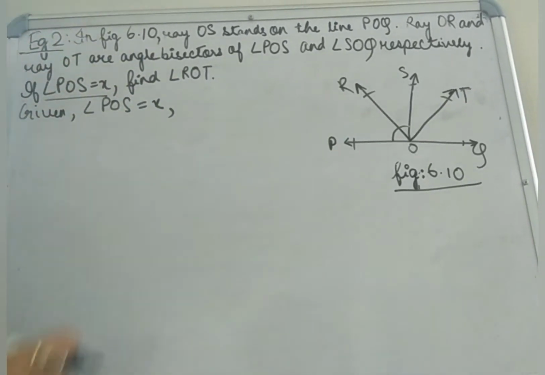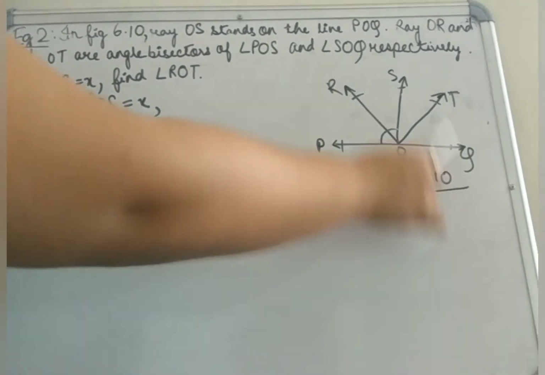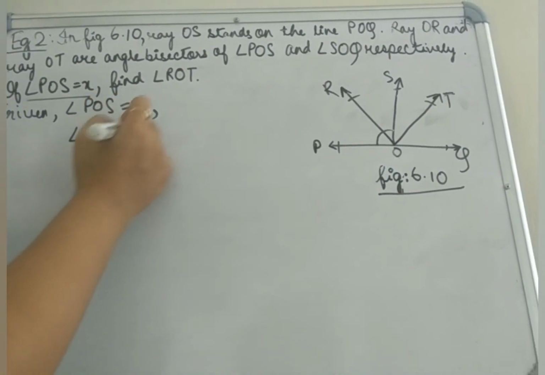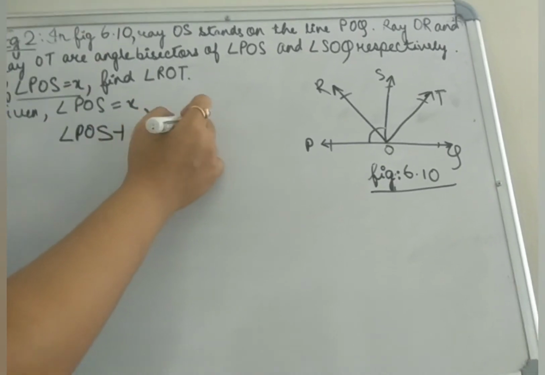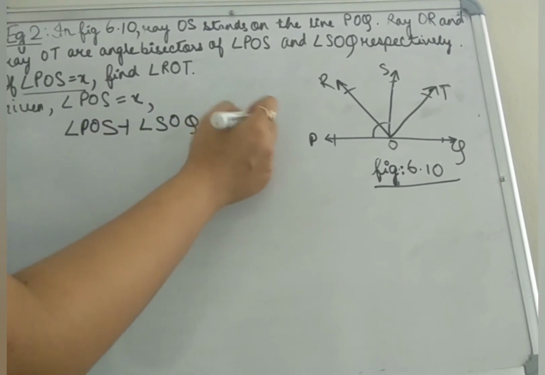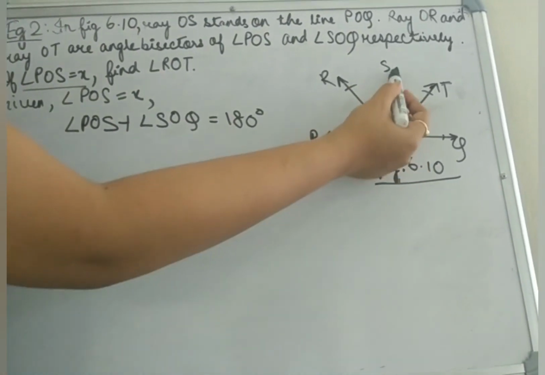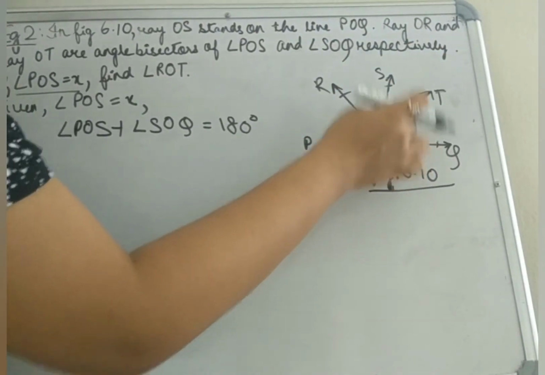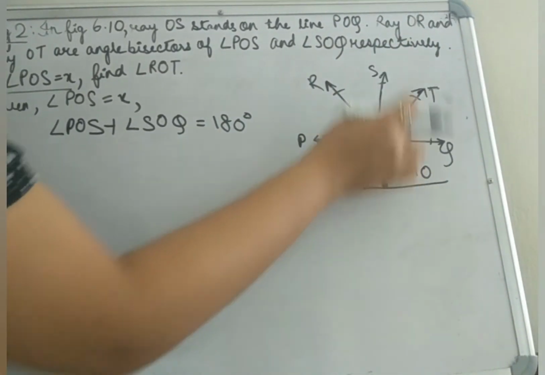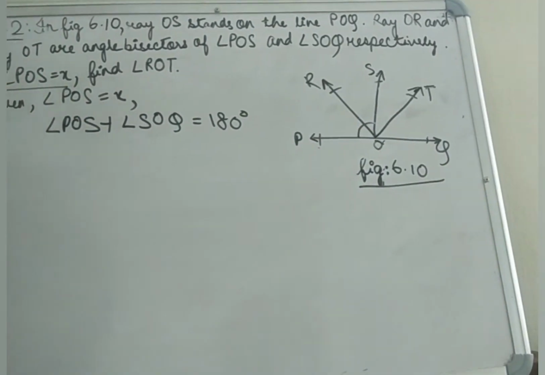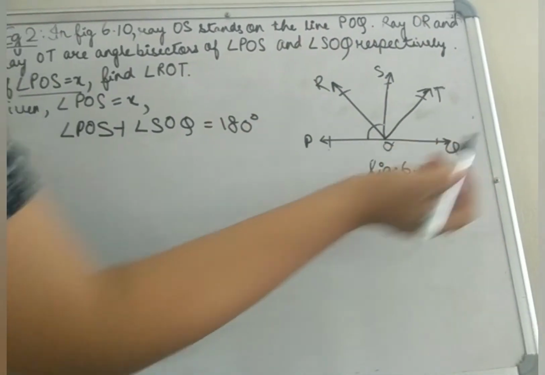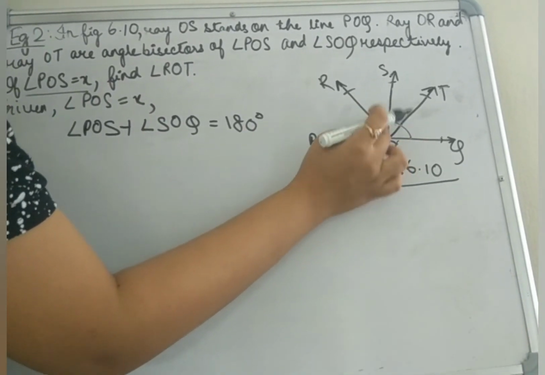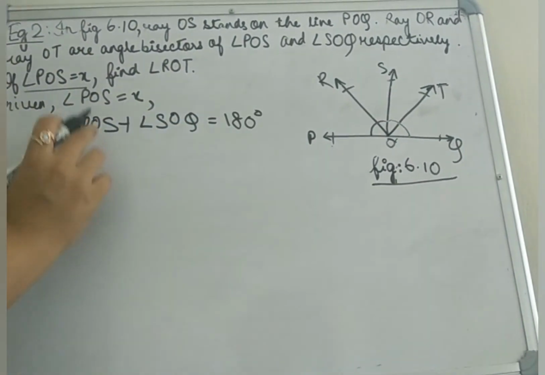From this figure, we can write that angle POS plus angle SOQ will be equal to 180 degrees, since OS is a ray on the line PQ, and these two angles make 180 degrees.